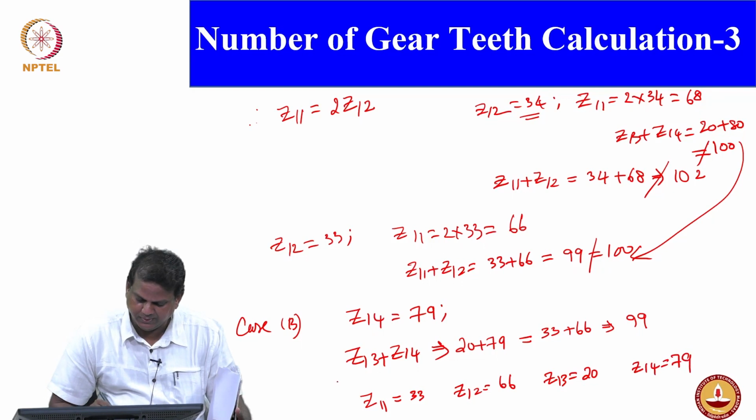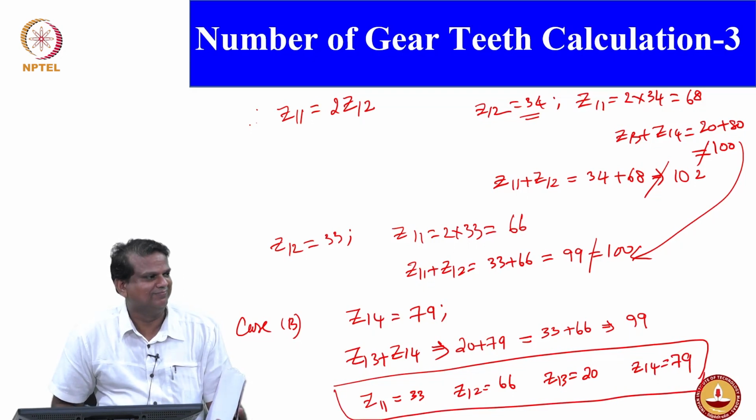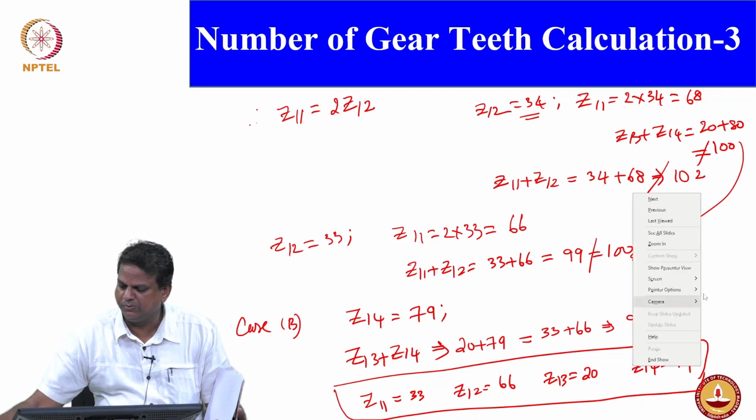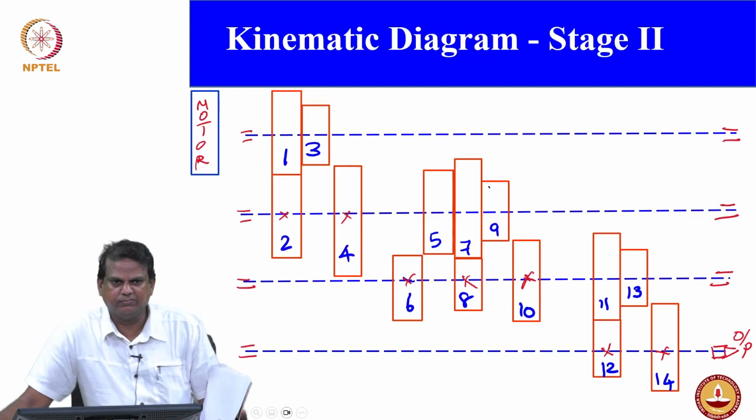These are the teeth numbers we obtained for stage 3. Okay, stage 3. Now we will move to stage 2.